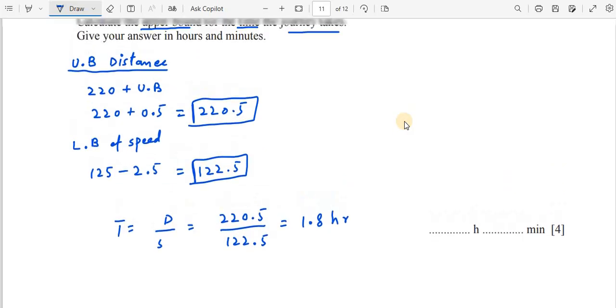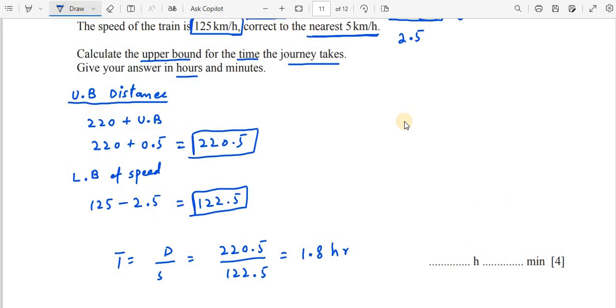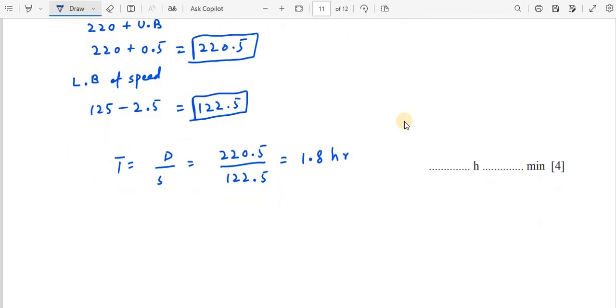Now the question requires hours and minutes. So time is equal to 1 hour and 0.8 multiplied by 60 is equal to 48. 1 hour and 48 minutes. So here write 1 hour and 48 minutes.